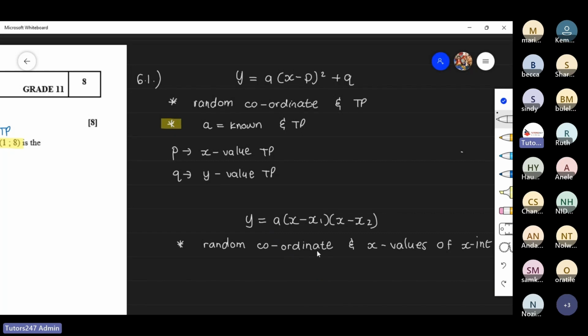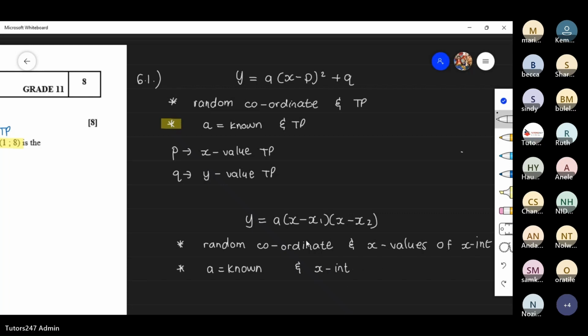Okay. Now, there's also an alternative that you can take. So option 2, if A is known, you do not need your random coordinate. You only need the value of A and your x-intercepts, if there's more than one.